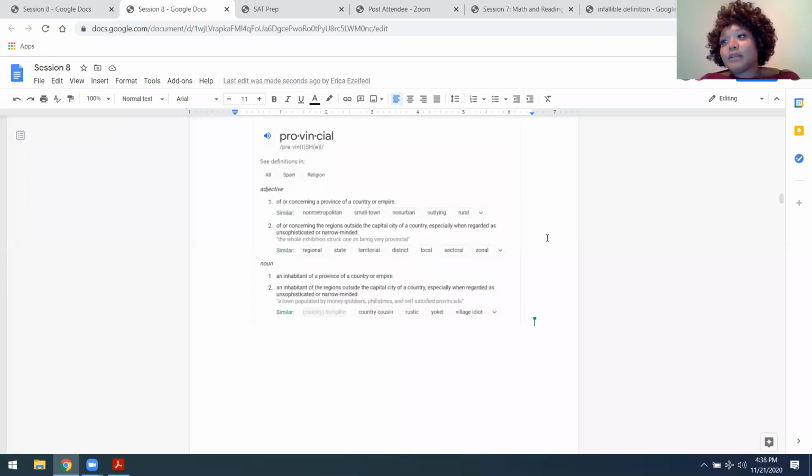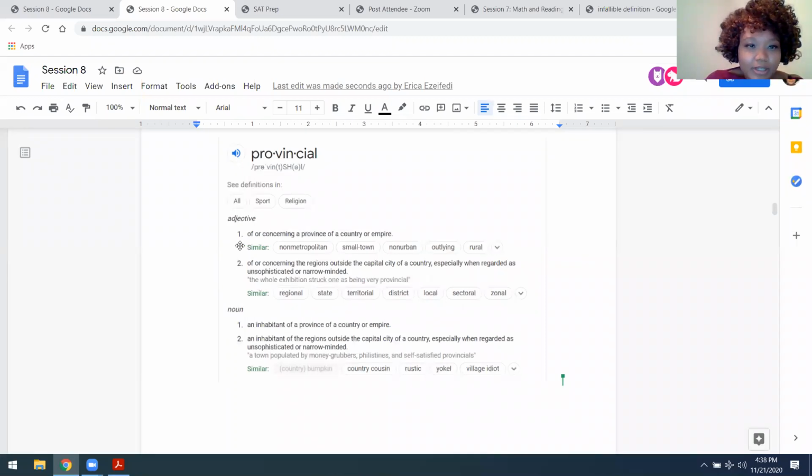It's separate from the main part of a city. Usually it does allude to some things kind of like in the countryside. So if you say something is provincial, it has a negative connotation.